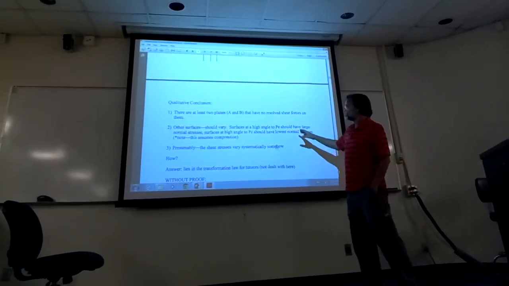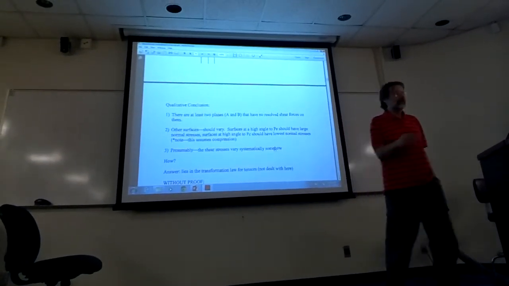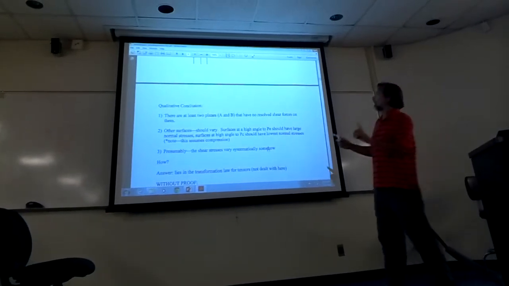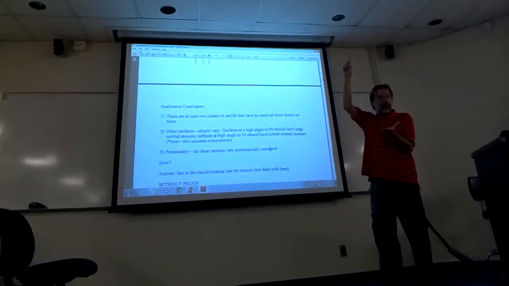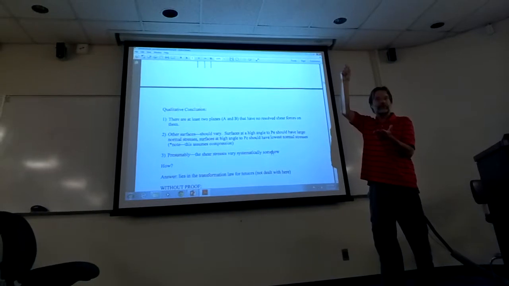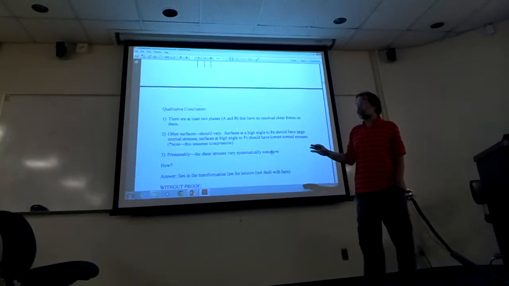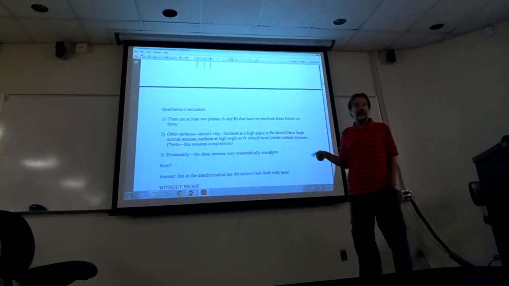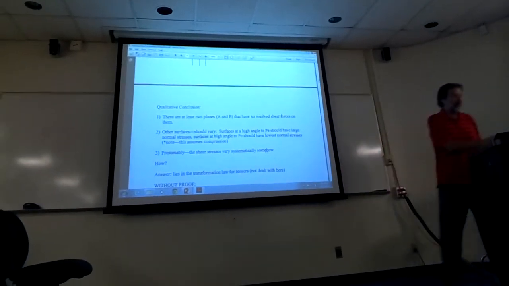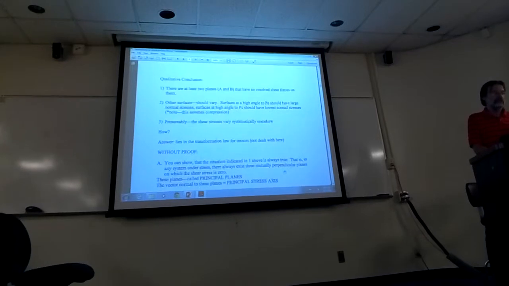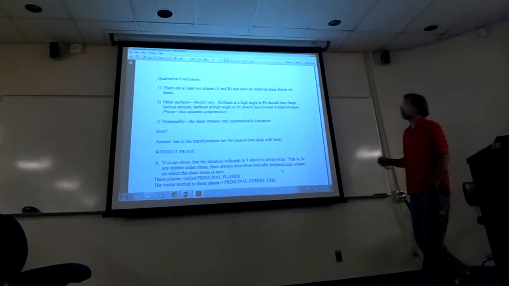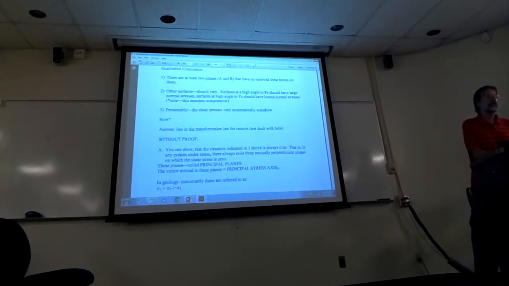Those are called the principal planes of that system, and the direction perpendicular to that plane is a so-called principal direction. All other surfaces have a shear stress across them, but it varies systematically, and that's what we're going to talk about.